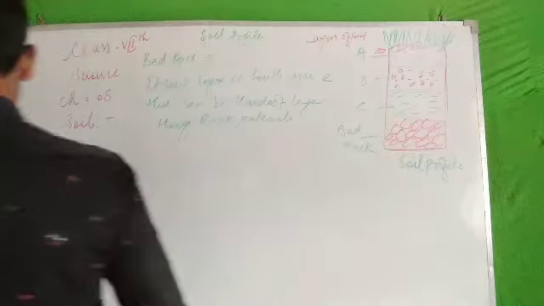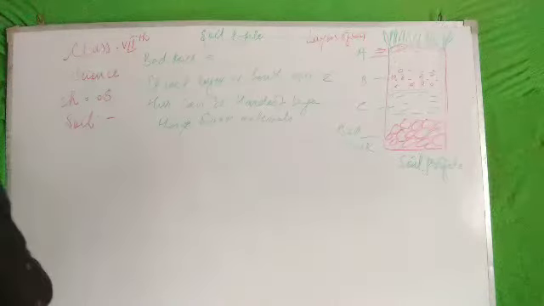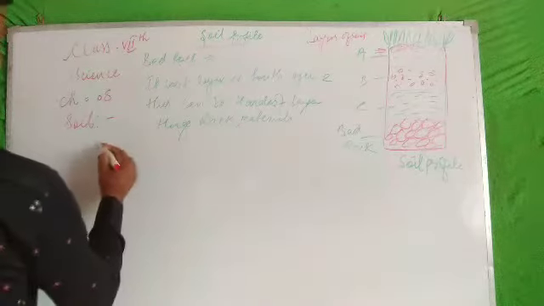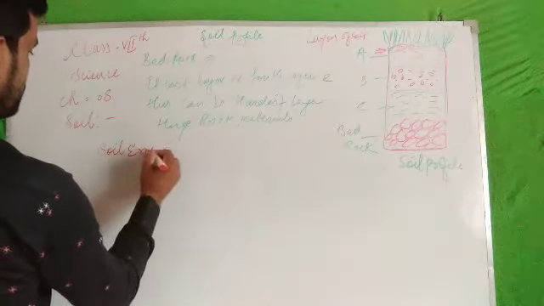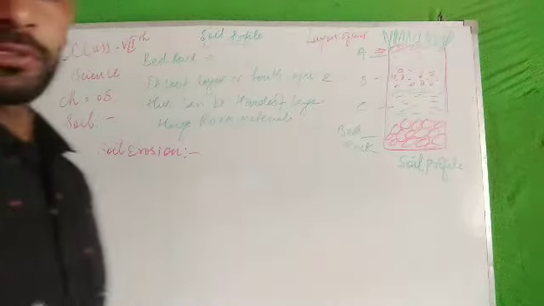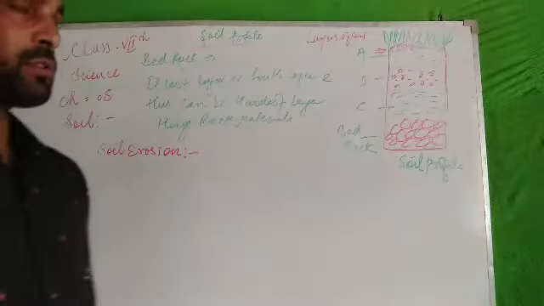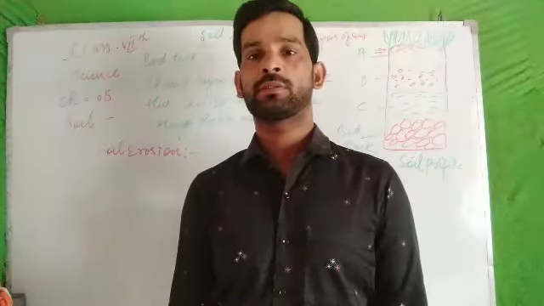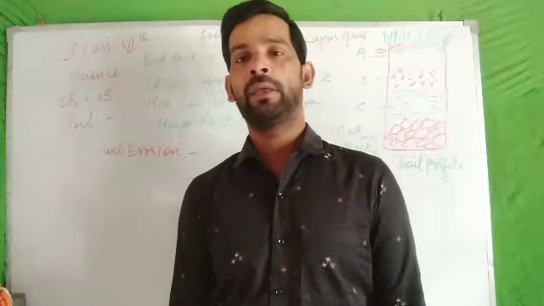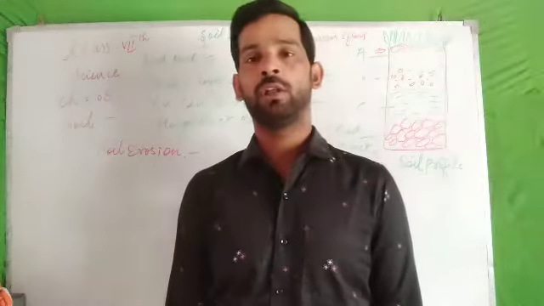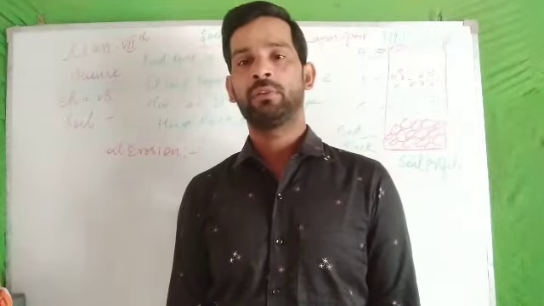Next we have soil erosion. What is soil erosion? Soil erosion is the process of removing the top layer of the soil by heavy rainfall or speedy winds.